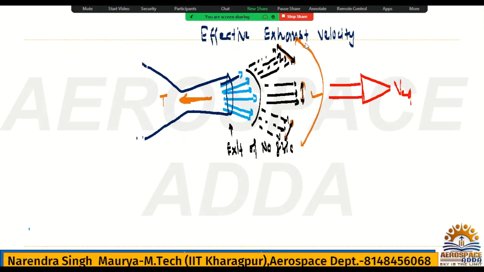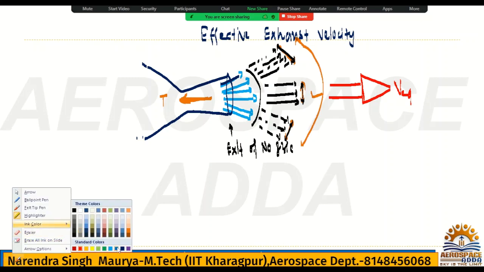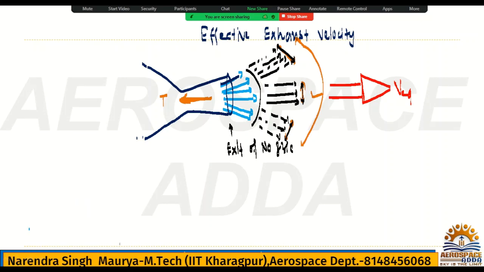You have seen the maximum thrust, denoted by T. The maximum thrust obtained from the nozzle, as we saw in the last class, is m dot p into v. And this v is now v equivalent.